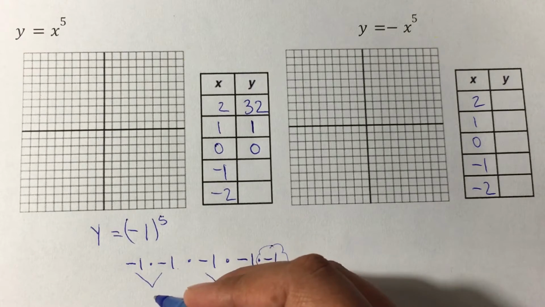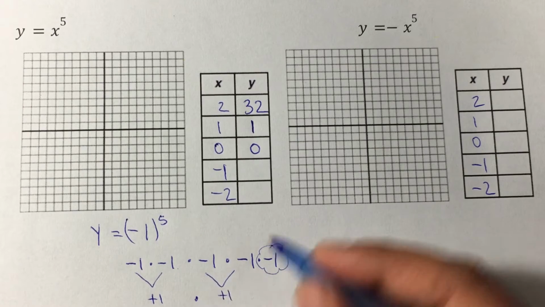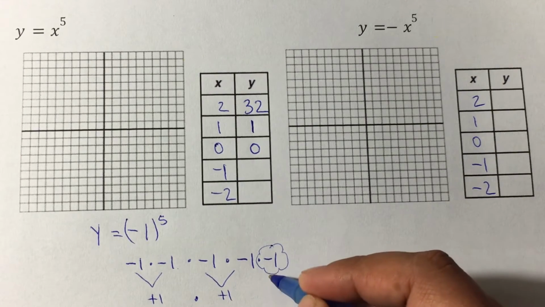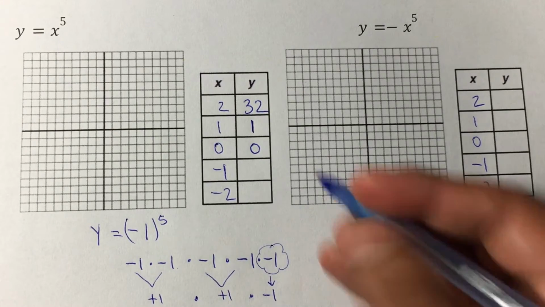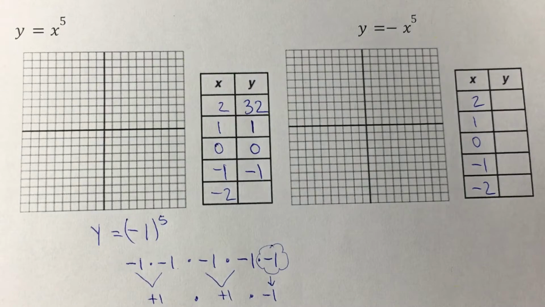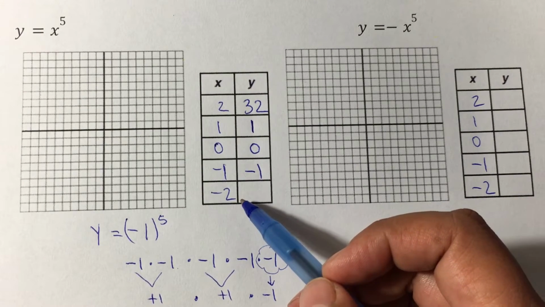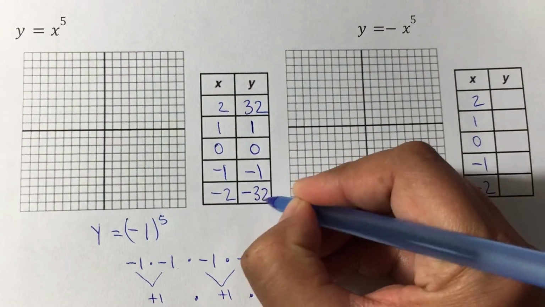So negative 1 times negative 1 is positive 1, and positive 1 times positive 1 is positive 1, but then bring down this negative 1, and that makes it negative 1. Same for the negative 2. Negative 2 times negative 2 times negative 2 times negative 2 times negative 2 is negative 32.